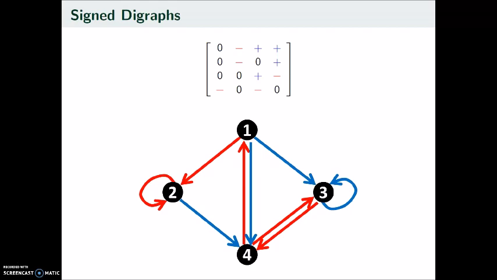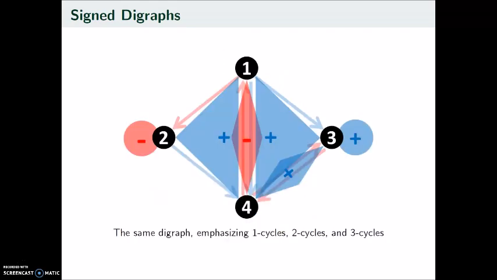It turns out that a signed digraph can actually tell us a lot about our sign pattern. In fact, all we really need to know about the signed digraph is where there are cycles and how those cycles are touching. So what do I mean by cycles? A cycle is just a place in the digraph where you can start at a point and then end up at that same point without having to touch a point on the way more than once.